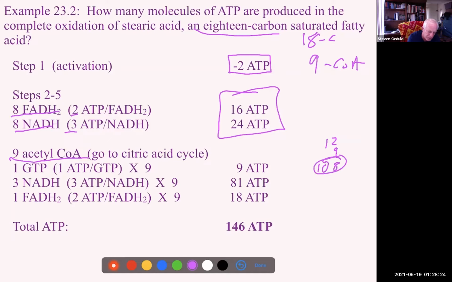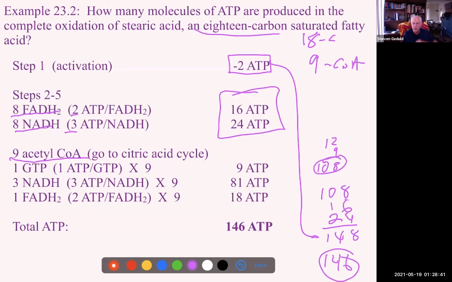And then we have 108 plus 16 plus 24 comes out to 148. And then we're going to subtract 2. We're going to get 146. Okay. So 146 ATPs are made by an 18 carbon saturated fatty acid, which is stearic acid.